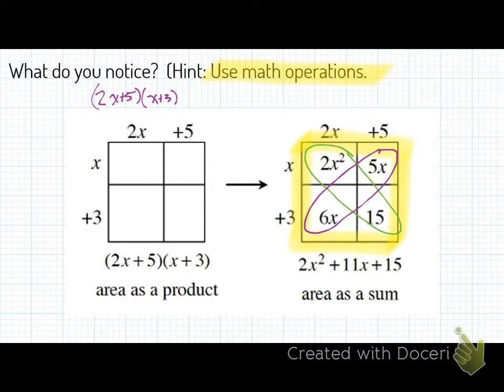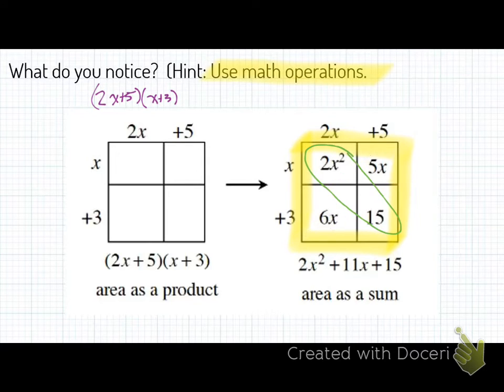Yes. How do they equal that? So like 6x times 5x. Okay, Michael and Robbie, you guys are on warning. So that's right. If we multiply 2x squared times 15, what's 2x squared times 15? 30x squared, right?